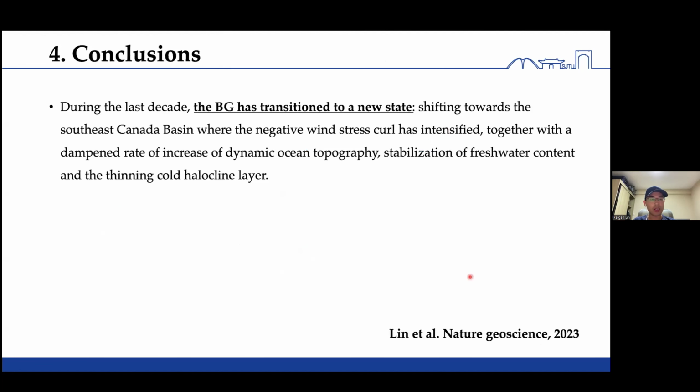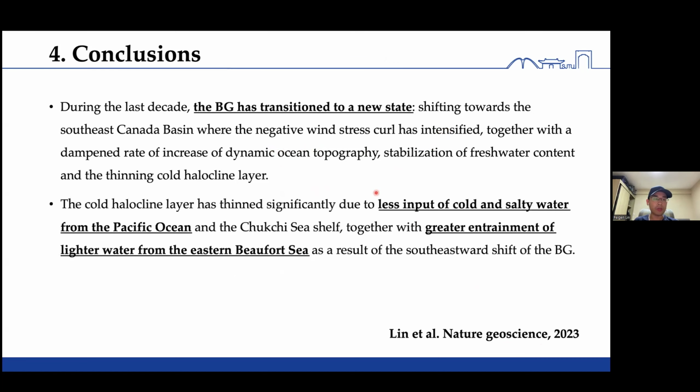So here I would like to sum up. During the last decade, the Beaufort Gyre has transitioned to a new state, shifting towards the southeast of the Canada Basin, where the wind stress curl has intensified, together with a deepened rate of increase of dynamic ocean topography, a stabilization of freshwater content, and a thinning cold halocline layer.